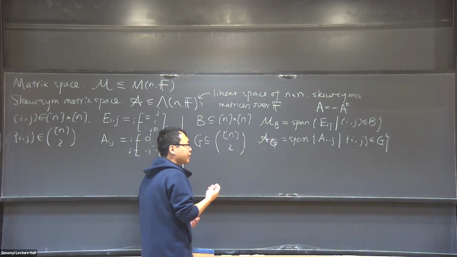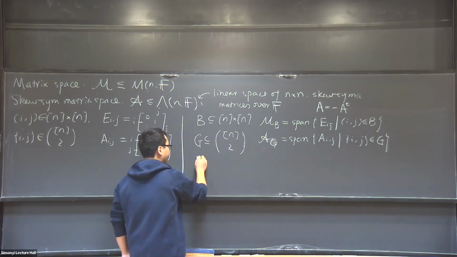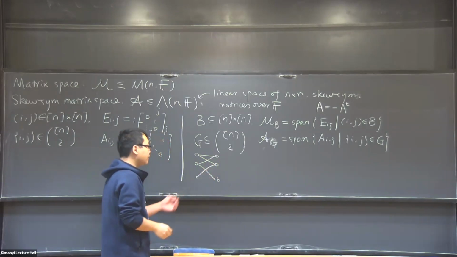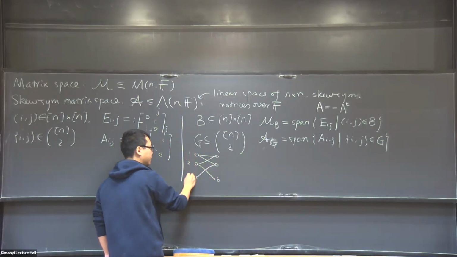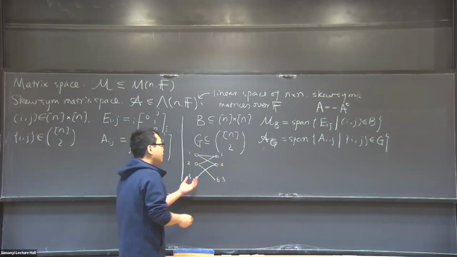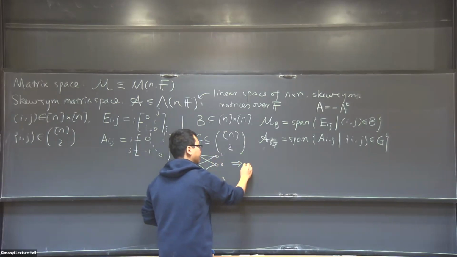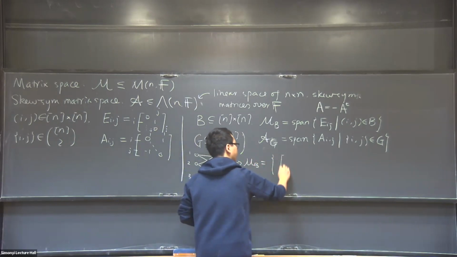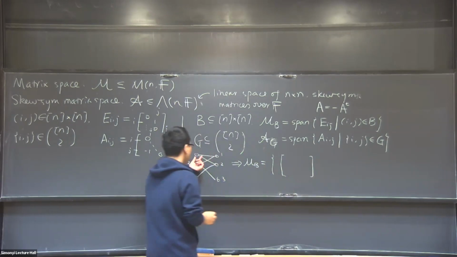Maybe it's illustrative to give one small example. For example, say a bipartite graph with these edges, with left vertices labeled from 1 to 3 and right from 1 to 3. Then the corresponding matrix space will consist of those 3 by 3 matrices where you check each position.